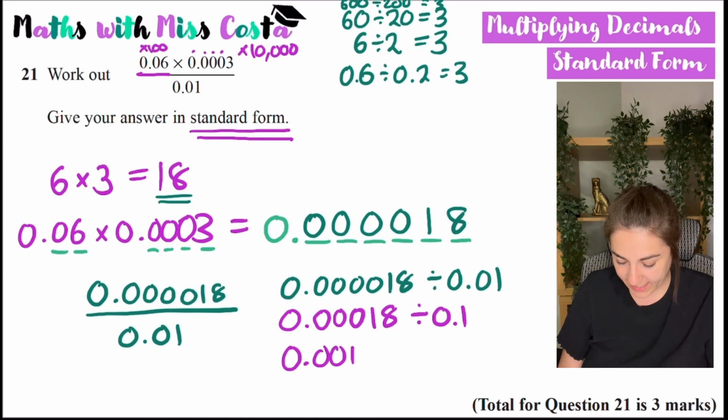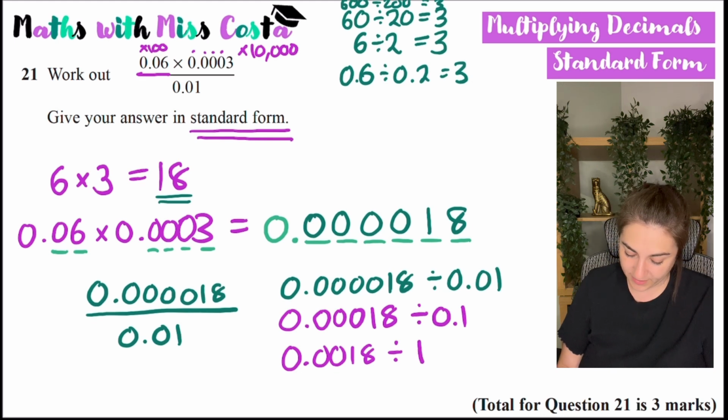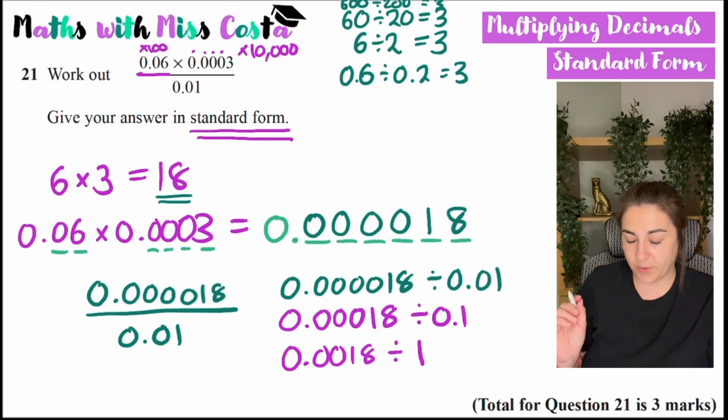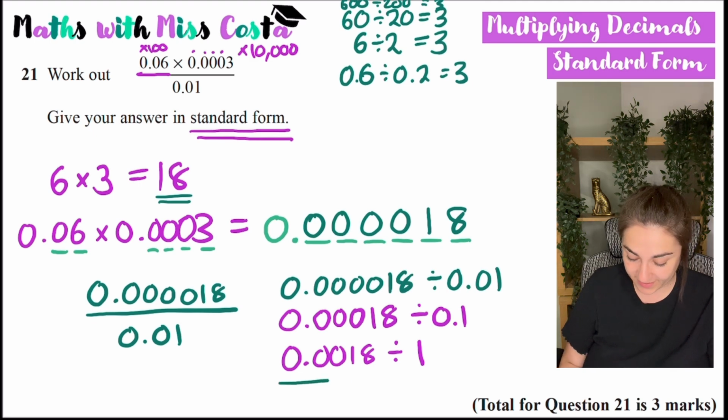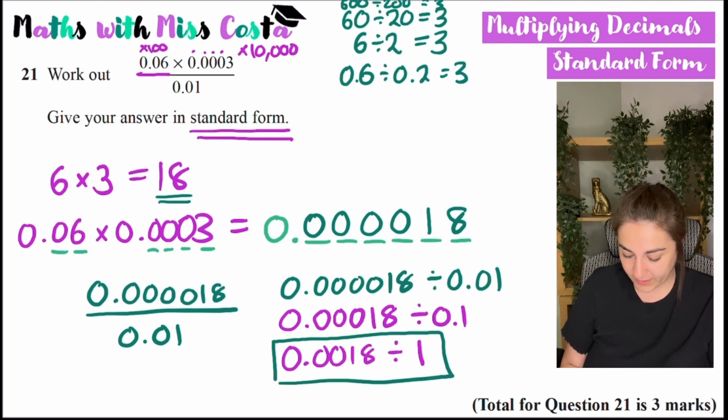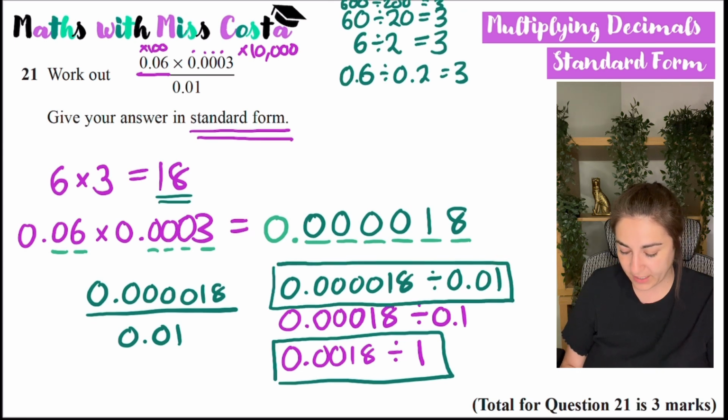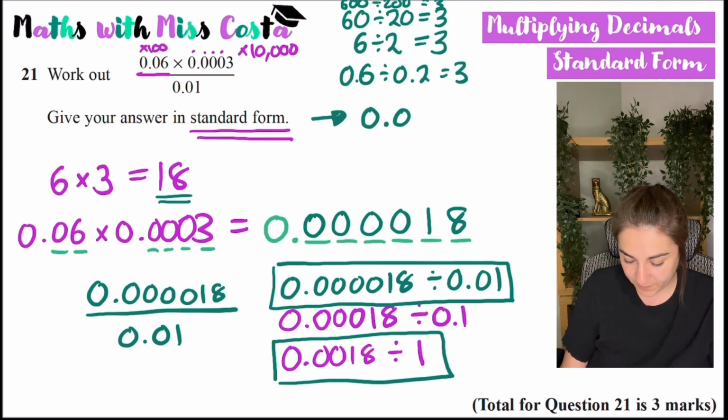If I multiply by 10 again, that would be 0.0018 divided by 1. Because with division, when I multiply or divide both parts of the calculation by a power of 10, I end up with the same answer. I know that 0.0018 divided by 1 is going to give me the same value as this calculation, and anything divided by 1 is just itself. So that would be 0.0018.